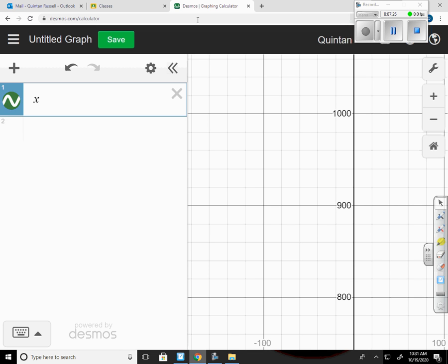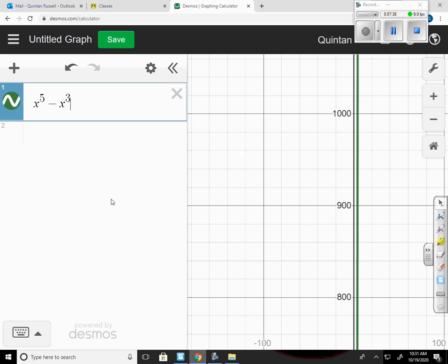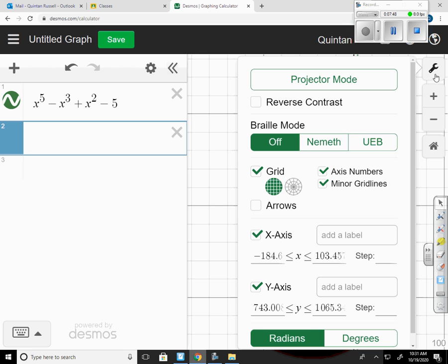When I graph this equation now, I believe it was plus x squared minus 5. And let me get my regular table back.